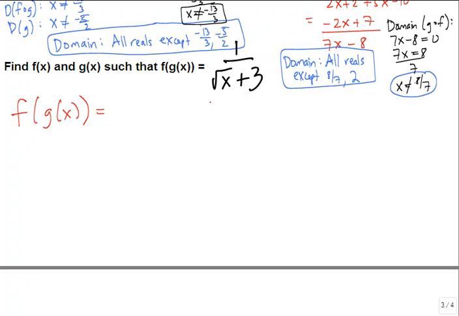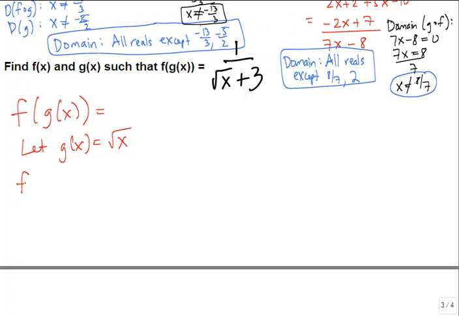Like, for example, if I was going to let x equal 4, what would I do first? Well, I'd plug 4 into my square root and I'd try to simplify square root of 4, right? So that's usually what I would pick as my first guess for what g of x is going to equal. So let's let g of x be that square root of x piece, just that first piece.